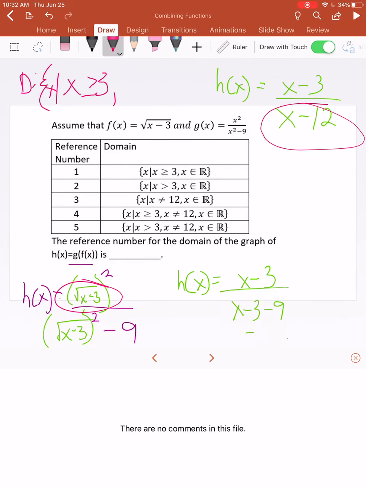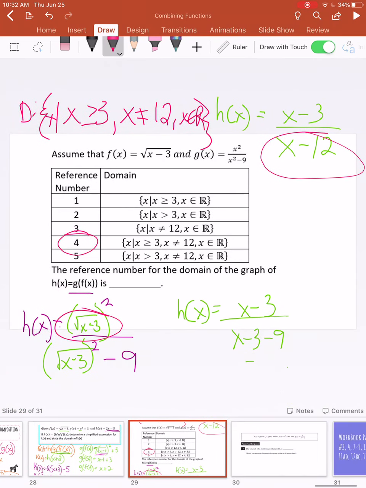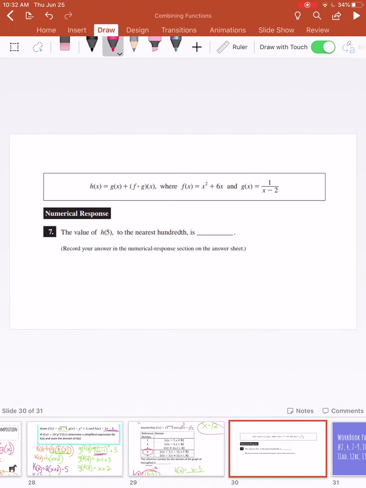So that means x could not equal 12. So that would be my domain. So x would be greater than or equal to 3, but x could not equal 12. Okay, last question.